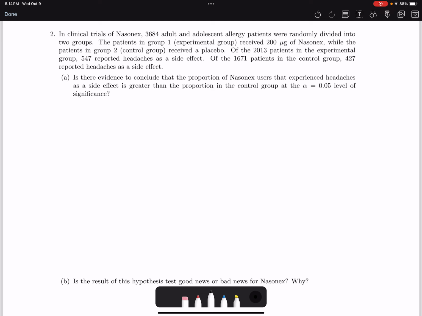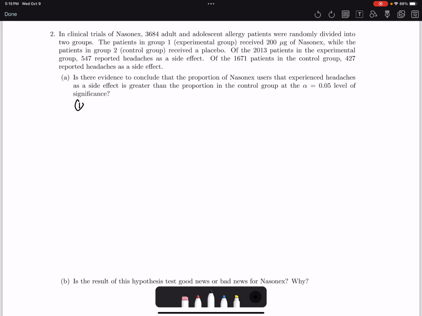Of the 2013 patients in the experimental group, I was getting confused because this is like overall the number of people, but this number is just describing the people in the experimental group, 547 reported headaches as a side effect, and of the 671 patients in the control group, 427 reported headache as a side effect. Is there evidence to conclude that the proportion of Nasonex users that experienced headaches as a side effect is greater than the proportion in the control group?